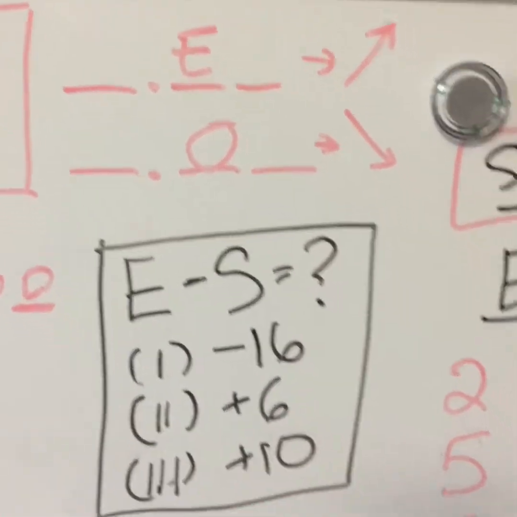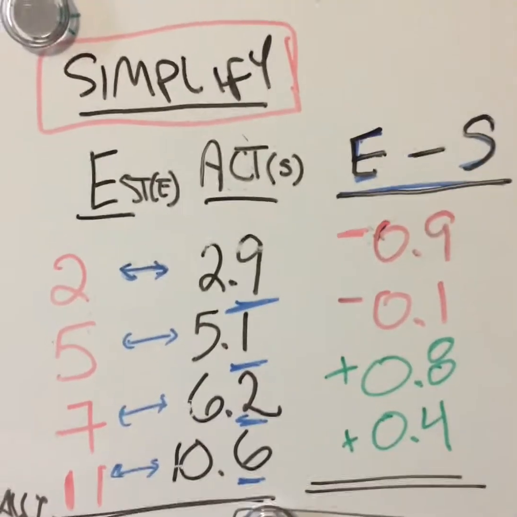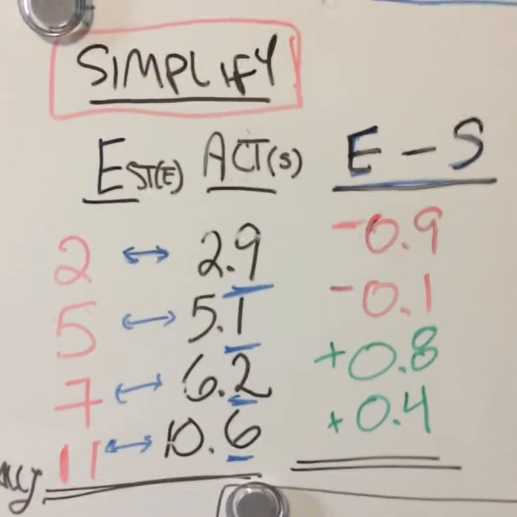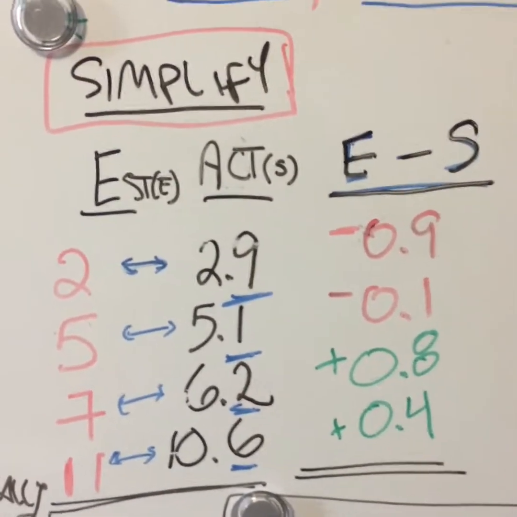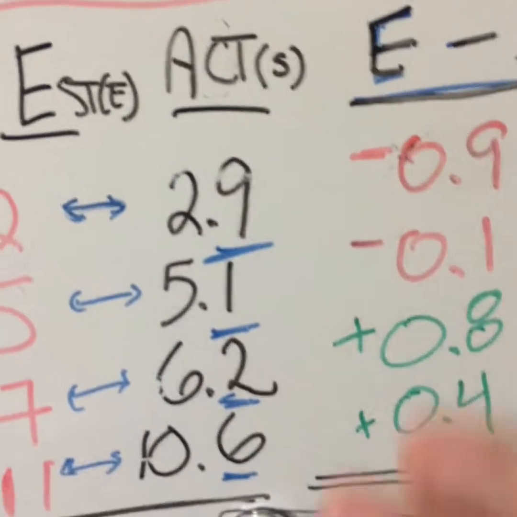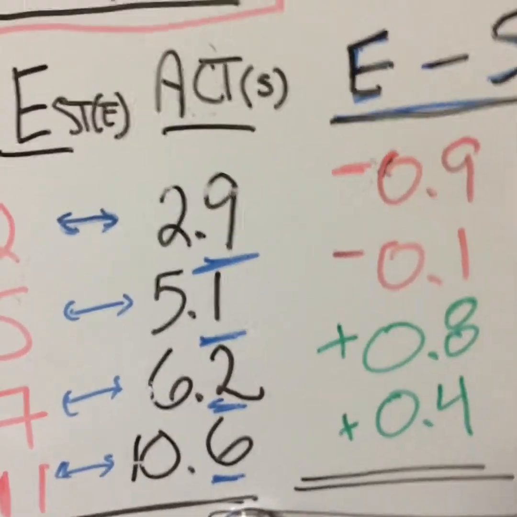Now, we gotta get comfortable with what this E minus S means. And what I like to do there is use my strategy of simplification. I like to simplify the exercise so I turn it from theoretical to practical. And what I did here was I started writing down some actual numbers, obviously varying when the tens digit was even or odd.